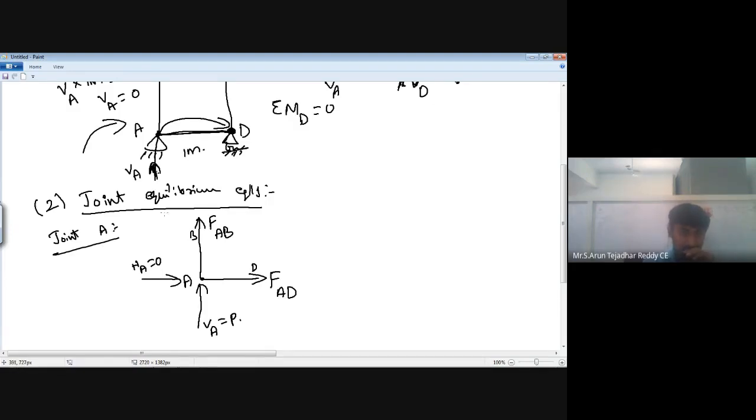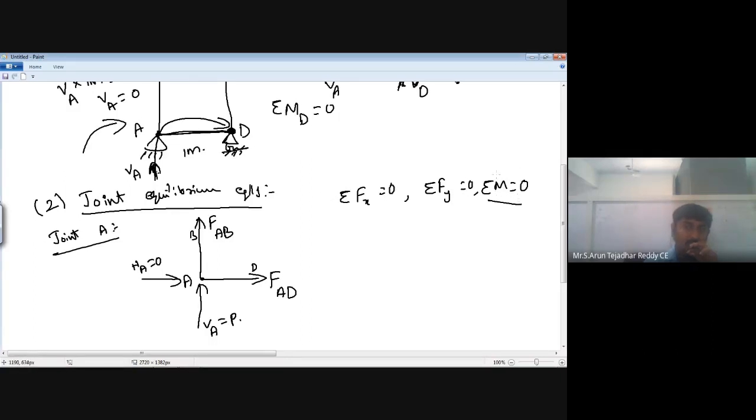Same. Here also apply equilibrium equations. Sigma Fx is equal to 0. Sigma Fy is equal to 0. Sigma moment is equal to 0. If moment is required, we can apply sigma moment is 0.